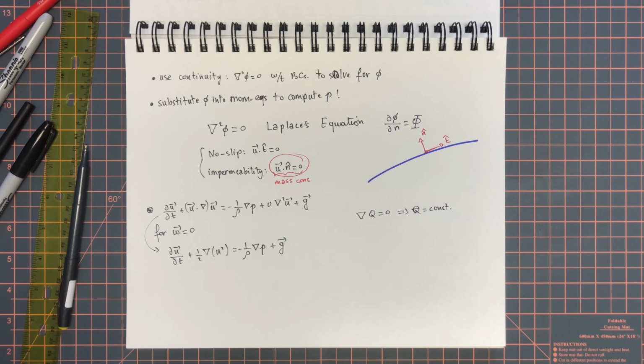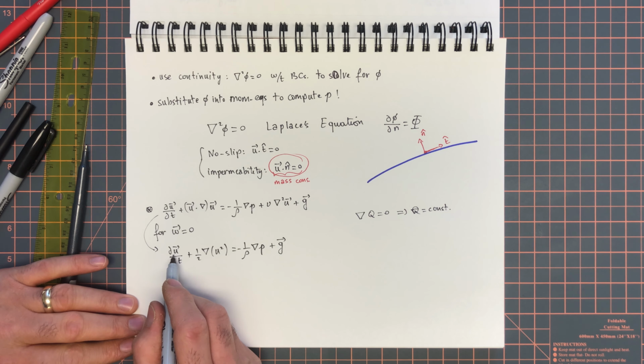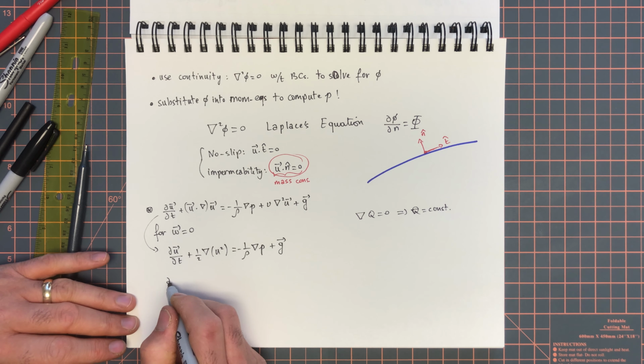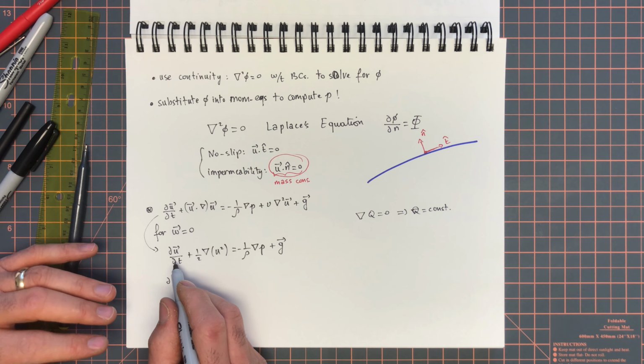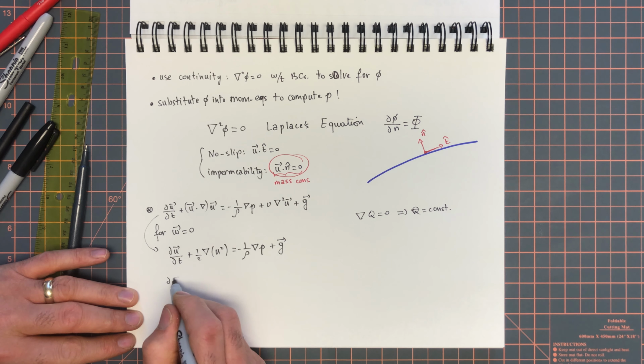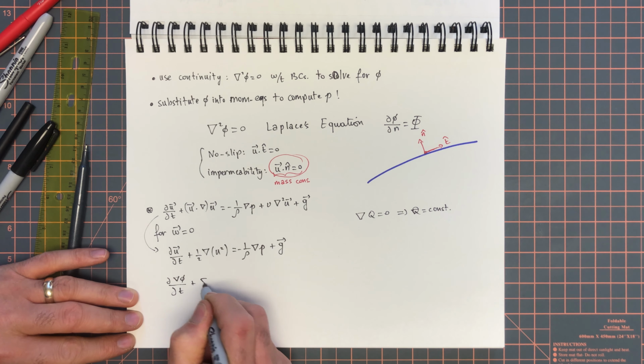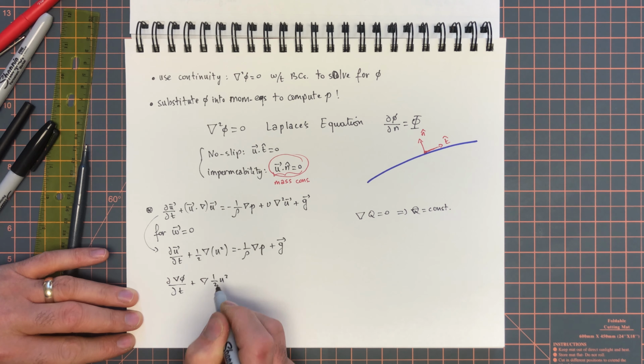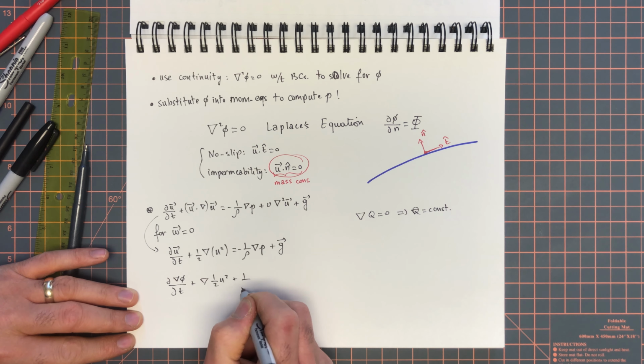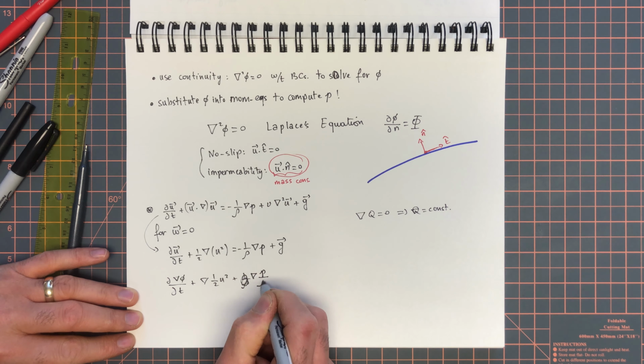Think about the Bernoulli equation that we derived in the past. Can we do this? Yes, absolutely. First, starting with this term, if we assume this is 0, in other words, steady flow, then this term disappears. But for unsteady flow, we have del grad phi by del t, plus grad 1 over 2 u squared, plus grad p over rho.